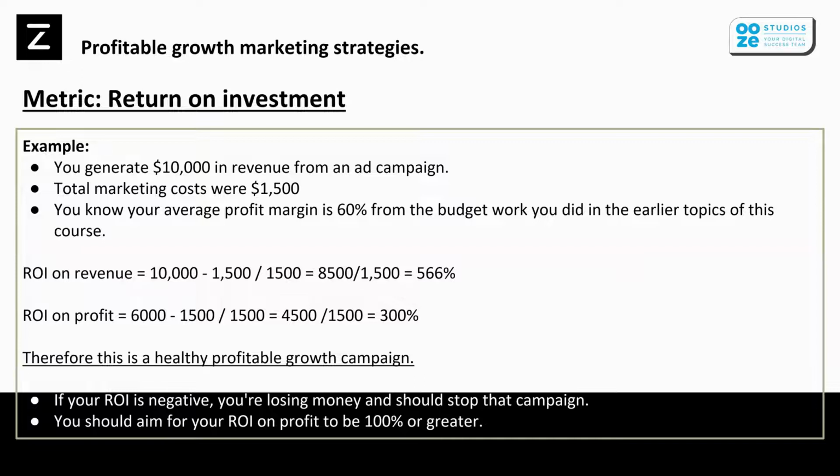Every week you'll know what you're looking for: an ROI on profit of above 100%. And if you're getting there every week, well, then you're fine. If some weeks are quite high, other weeks are negative, well, then look at the 30 days, because as long as over 30 days you're at over 100% ROI on profit, then you're doing fine.